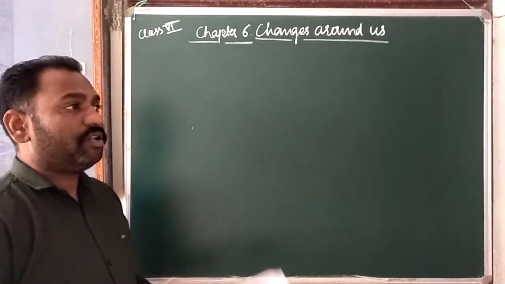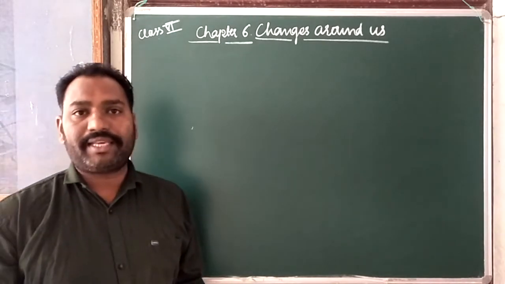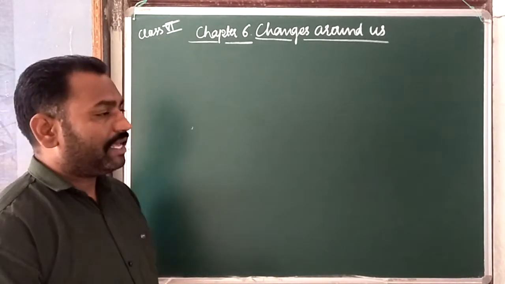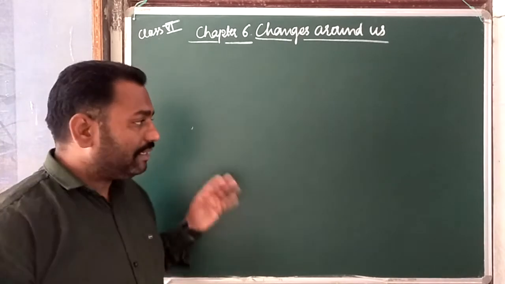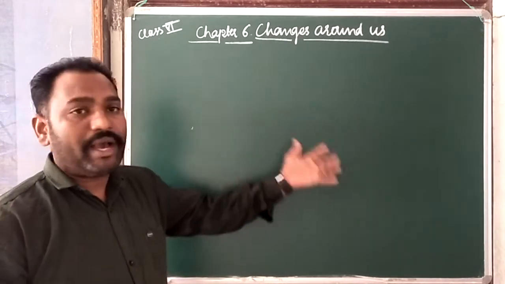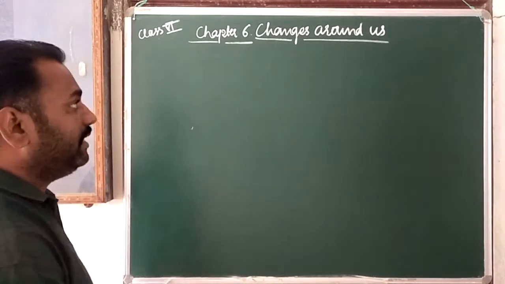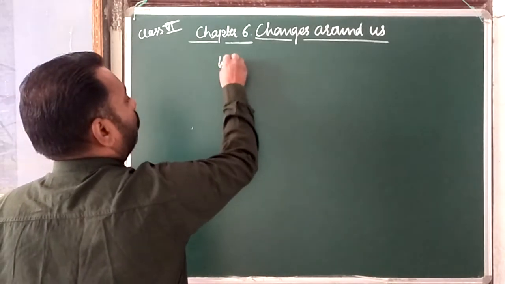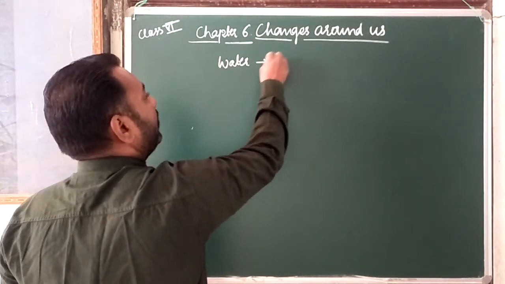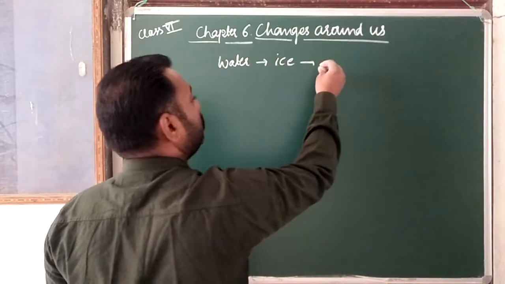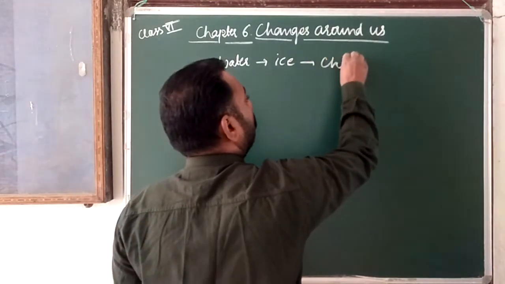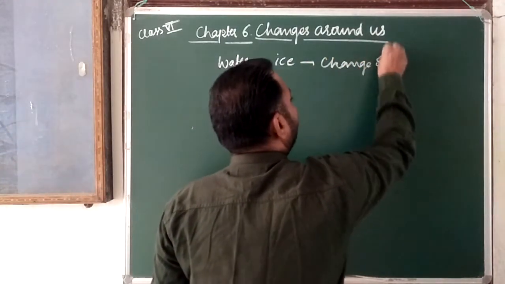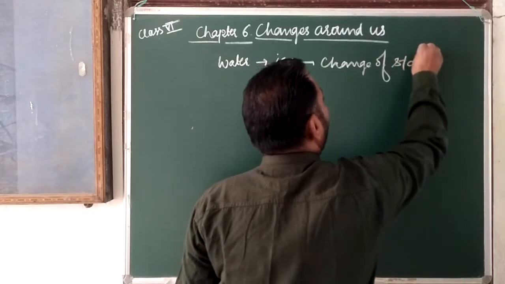The color of iron also changes after rusting. Brown flaky substance comes out. So this is color change, and state change, like water to ice, change of state.